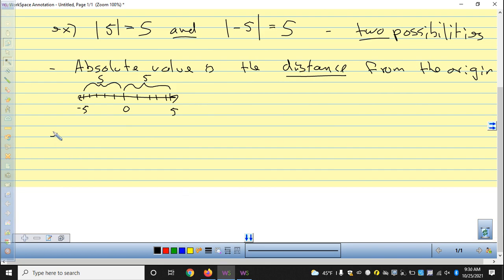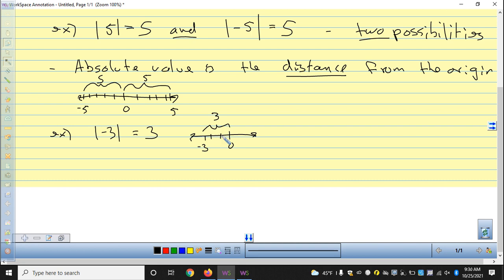So when we say the absolute value of -3 is 3, that means that -3, there's 0, 1, 2, 3, is 3 spaces, 3 units from the origin.